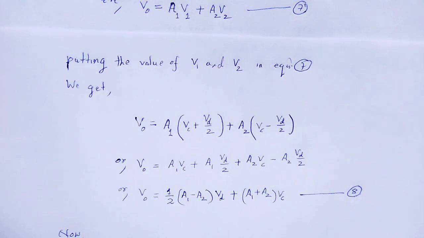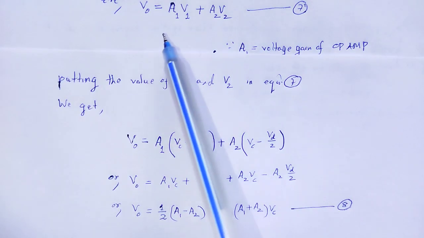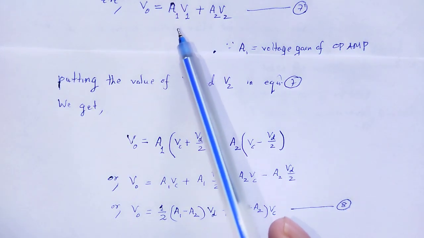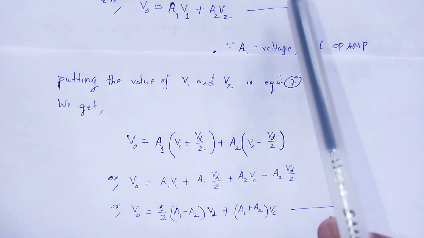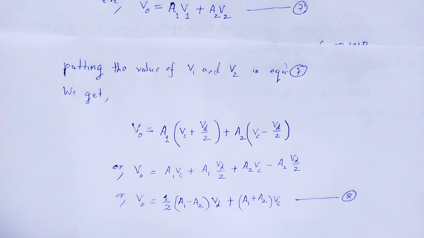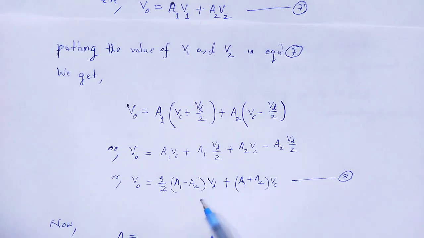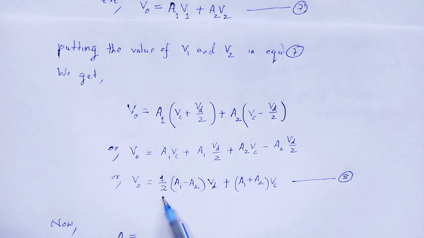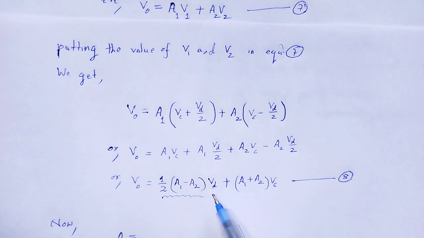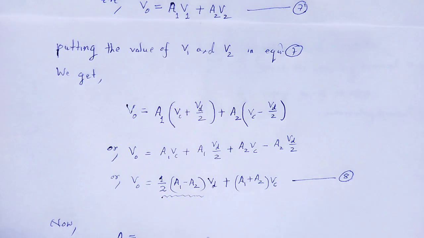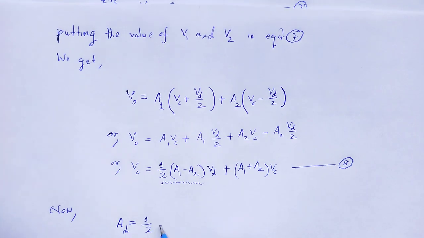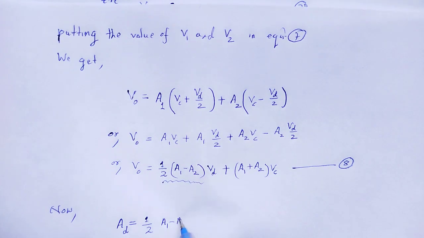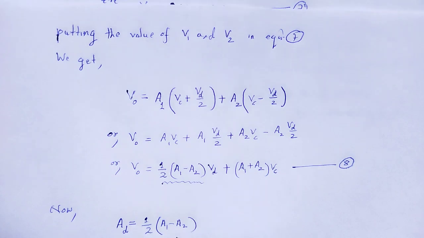From that expression, as we know, the output voltage is the combination of the differential input signal and the common mode input signal. So AD, from that expression, is half of A1 minus A2.